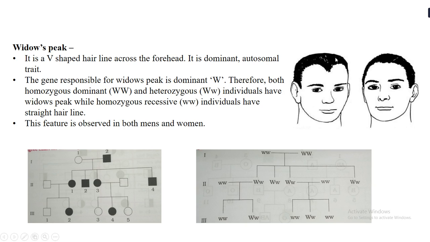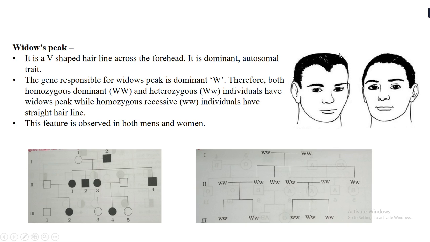So this is the condition where you will have this V-shaped hairline. A person who has the homozygous recessive gene for this particular hairline will not have a widow's peak. They will have a straight hairline, and this feature is seen in both males as well as females.